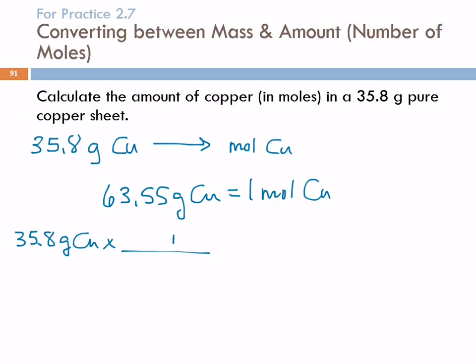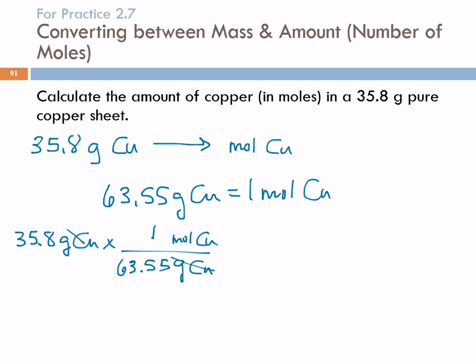And I'm going to moles of copper. And I want grams of copper in the denominator, so the units work out. 1 mole weighs this much. 1 mole and 63.55 is with the grams. So I don't have to think about, do I multiply by that or divide? The units tell me.